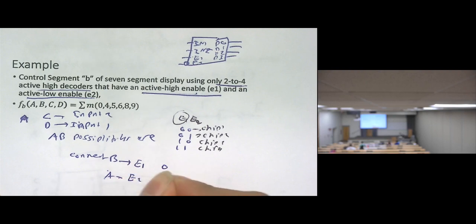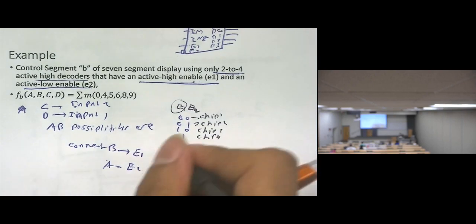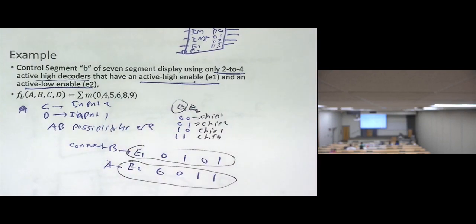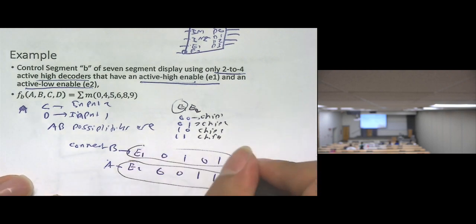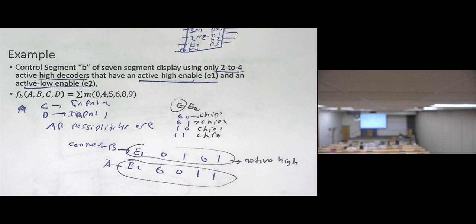We will have 0, 0, 0, 1, 1, 0, 1, 1, right? These are the possibilities for E1 and E2. But let's recall that E1 is active high, which is the opposite of my assumption. Therefore, here is E1, 0, 1, and this one is active low.